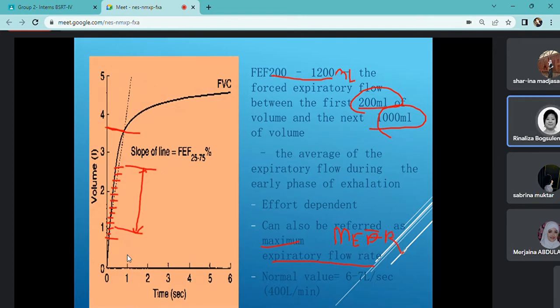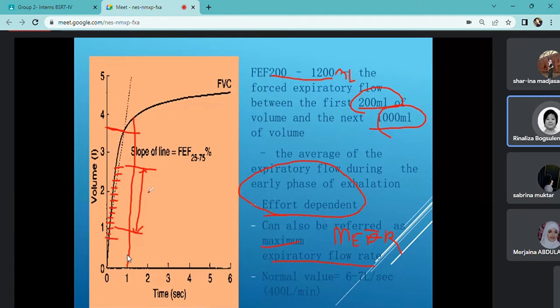Okay? Now, this one also is considered effort dependent. Okay? Why? Because if you look at it, this is the first portion of your exhalation apart from your FEV1. Okay?